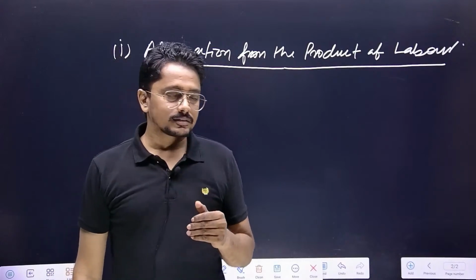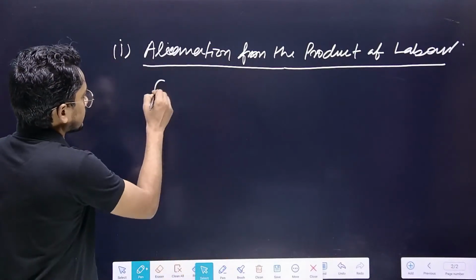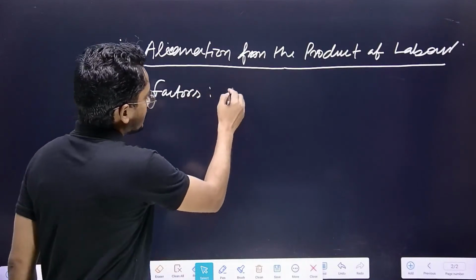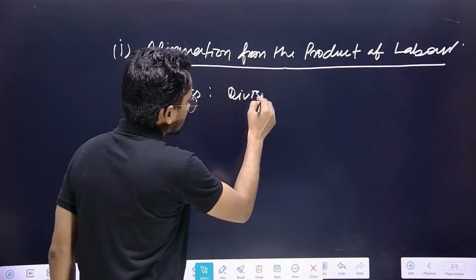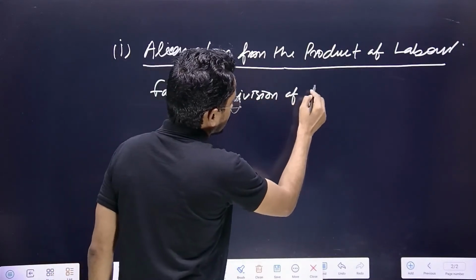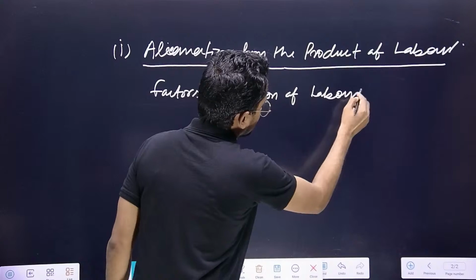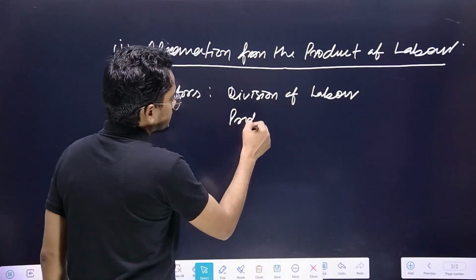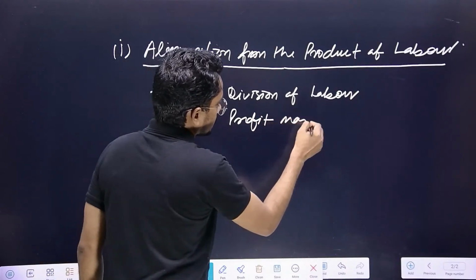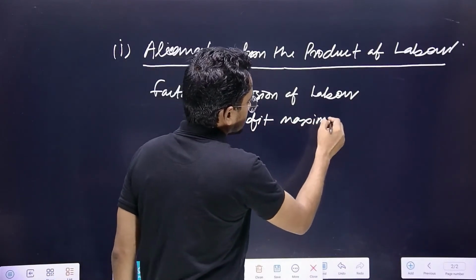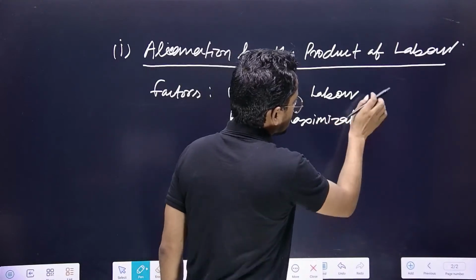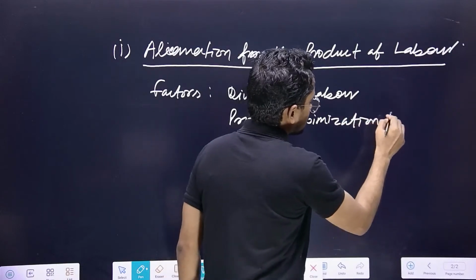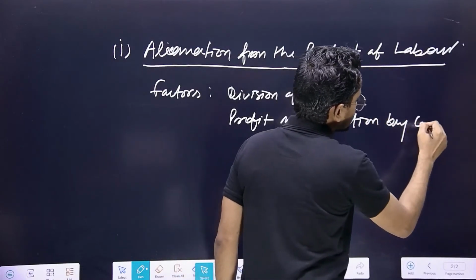The factors are division of labor and profit maximization by capitalists.